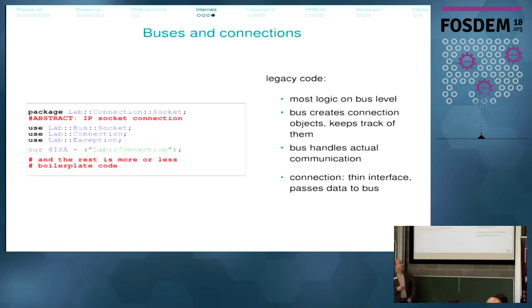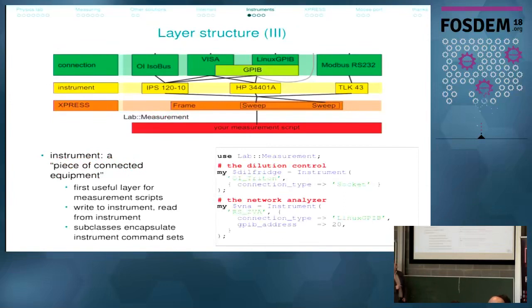Things get more interesting when you come to the instrument layer, because the instrument layer here is the first layer where you can actually do something as a user. We have a generic lab instrument class and then subclasses of that which correspond to specific types of equipment.